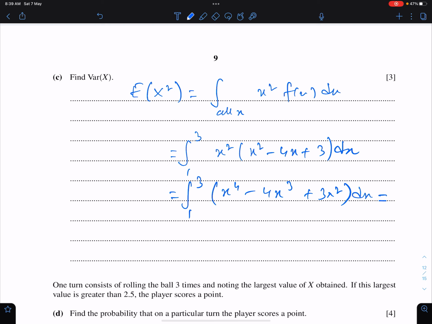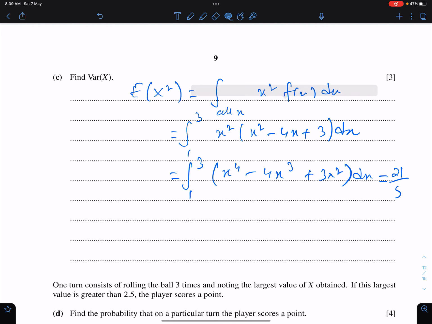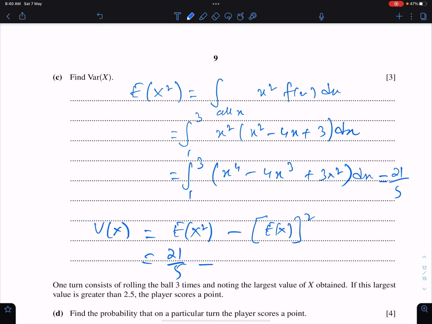The result of this integral is 21 upon 5. The formula of variance is E(x squared) minus the square of the mean. So 21 upon 5 minus 2 squared, and the answer is 0.2.